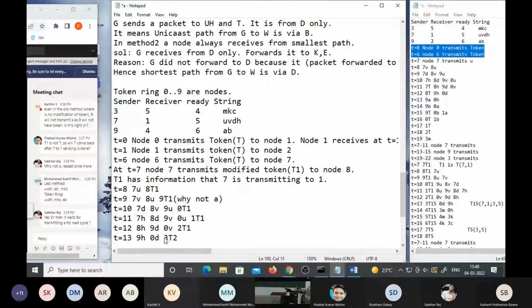P2 has the information that 7 is transmitting to 1, and that's all. And 3 is transmitting to 5. Is this correct to you?